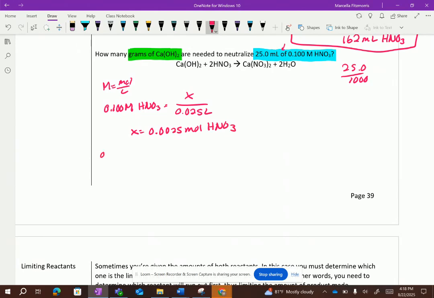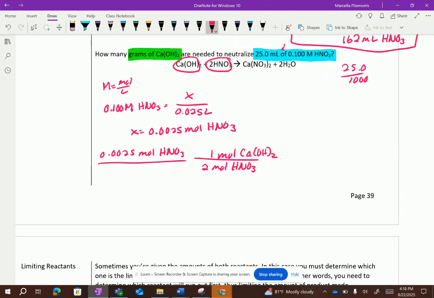Now that we know how many moles we have, we can say, using the equation given to me, that 2 moles of HNO3 are going to produce 1 mole of CaOH2, giving me 0.00125 moles of the calcium hydroxide.